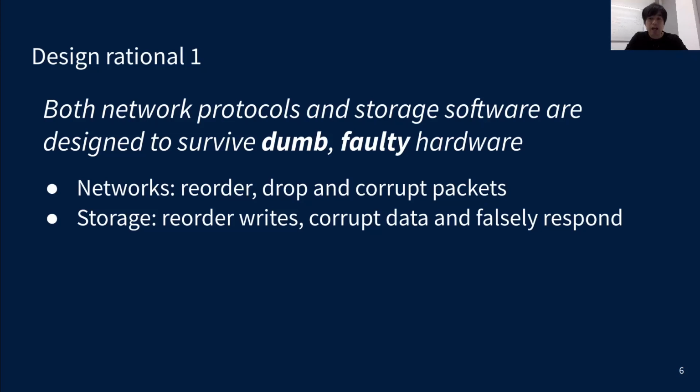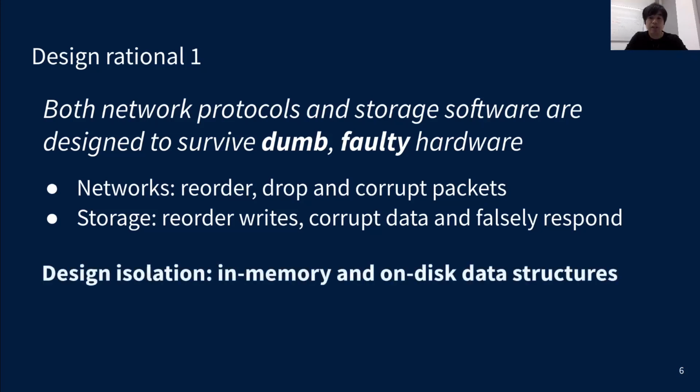Networking and storage software needed to be designed in isolation because networking software uses in-memory data structures, although storage software uses on-disk data structures. However, persistent memory data structures are much closer to in-memory data structures than on-disk data structures. Therefore, at a high level, it would be possible to more closely co-design network and storage data structures.